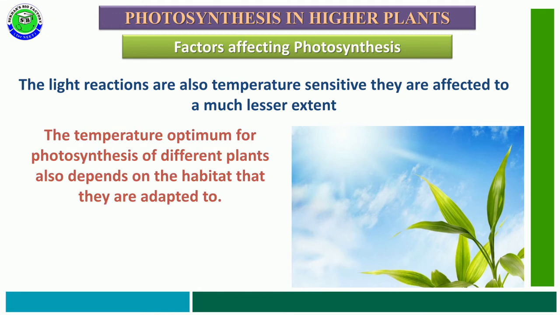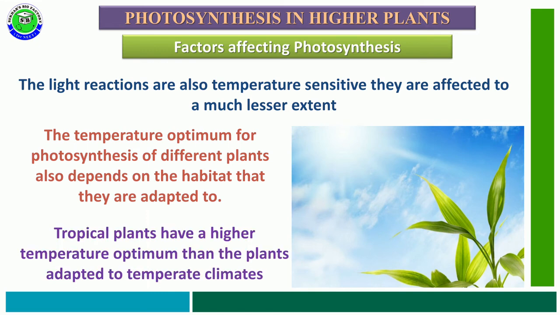The temperature optimum for photosynthesis of different plants also depends on their habitat, and they are adapted to this temperature condition. Tropical plants have a higher temperature optimum than plants adapted to temperate climates. This is the role of temperature in photosynthesis.